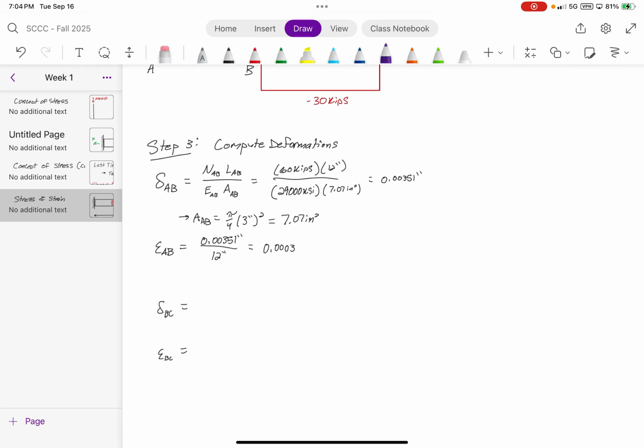You usually want to keep the negatives, right? Yeah, either keep it as negative or clearly indicate compression or tension by C or T. Okay, so then just put a C for these? Yeah.